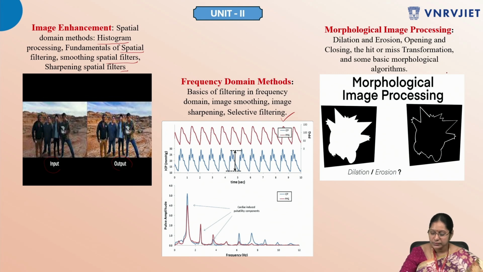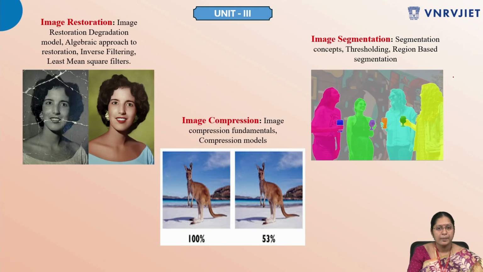Here, dilation, erosion, opening and closing, hit or miss transformations, and some of the basic morphological algorithms are applied on images. Next, in the third unit, here also we cover three concepts: image restoration, image compression, and image segmentation.